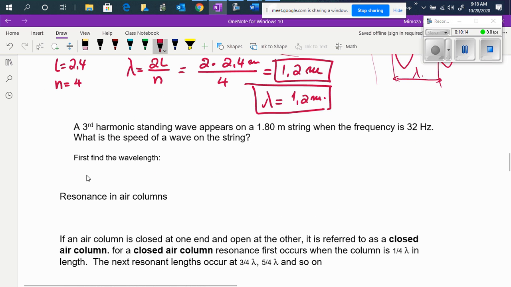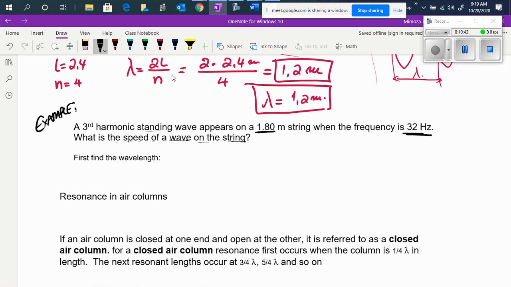So now, another example. A third harmonic standing wave appears on a 1.80 meter string when the frequency is this. What is the speed of the wave on the string?